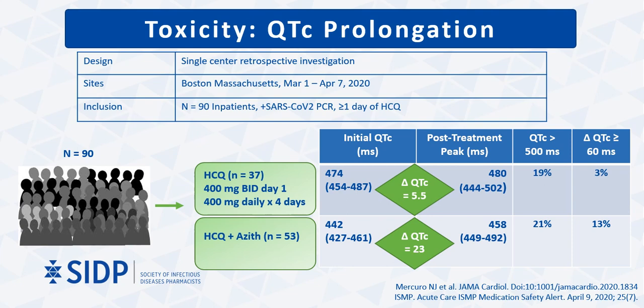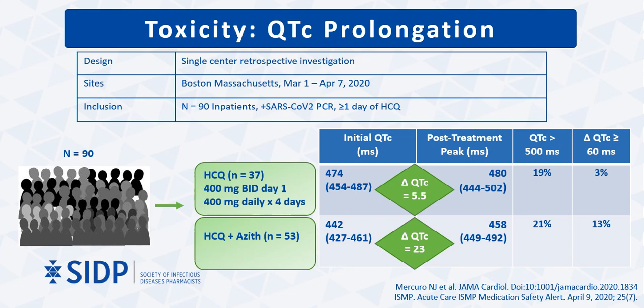The authors looked at prolonged QTc intervals, defined as greater than 500 milliseconds, and found that the number of patients who met that criteria was similar between both groups, 19% in the hydroxychloroquine monotherapy and 21% in the combination therapy arms.